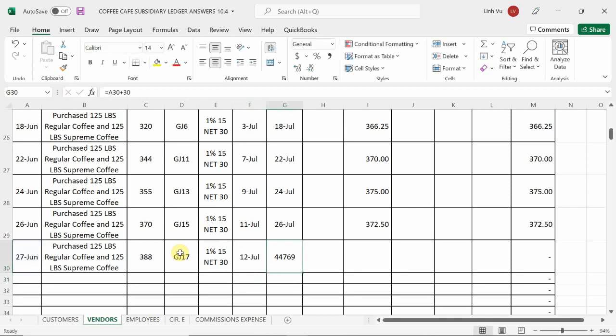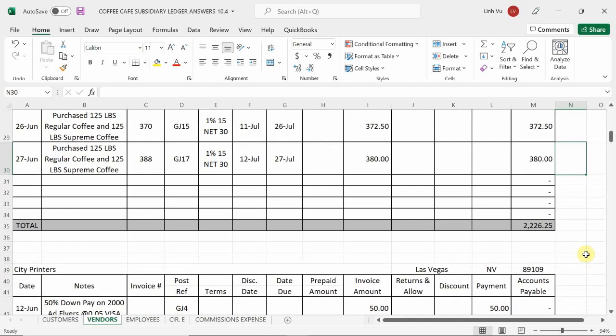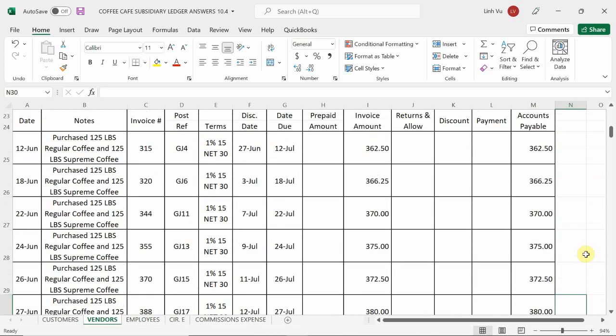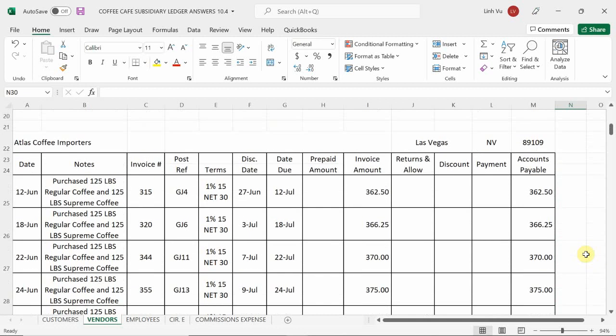July 12th, and then of course 30 days later is the 27th of July, with a total of $380. Okay. So out of all of these invoices, or bills, we have a total of $2,226.25 that we owe to Atlas Coffee. Let's take a brief moment to see what is due. None of these bills are actually due until July. So we are still good until July.